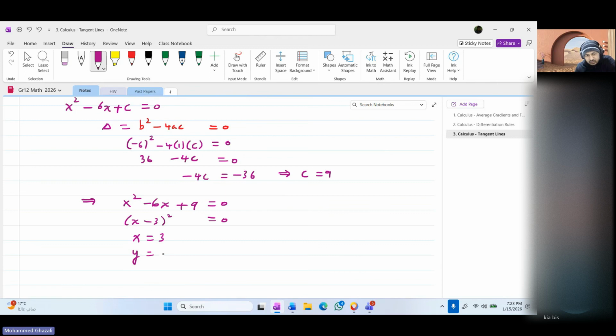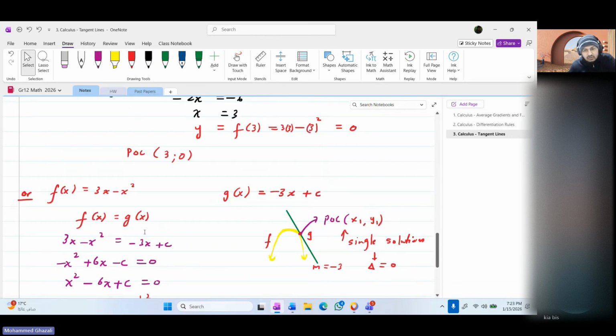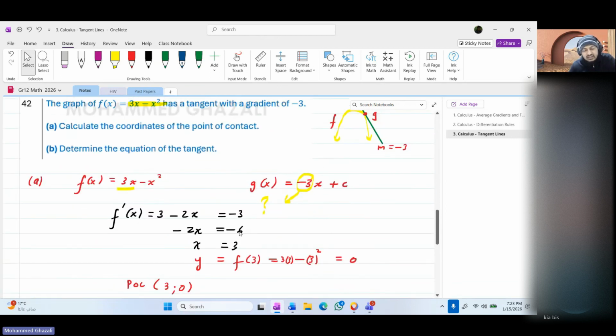Substitute 3 into the original function, f of 3, and we get 9 minus 9, which is 0. So what's the point of contact again? 3 and 0. Right, and that was the way to do it in grade 11. This long method here. Now you can see calculus is much faster.